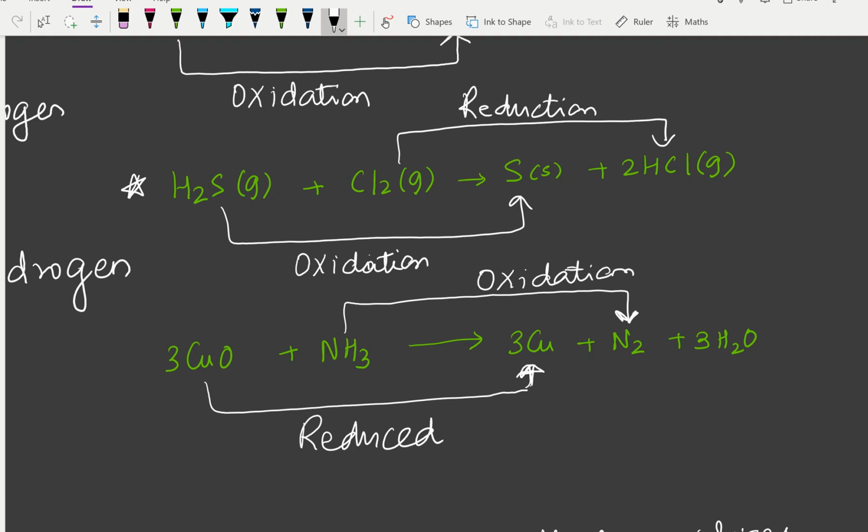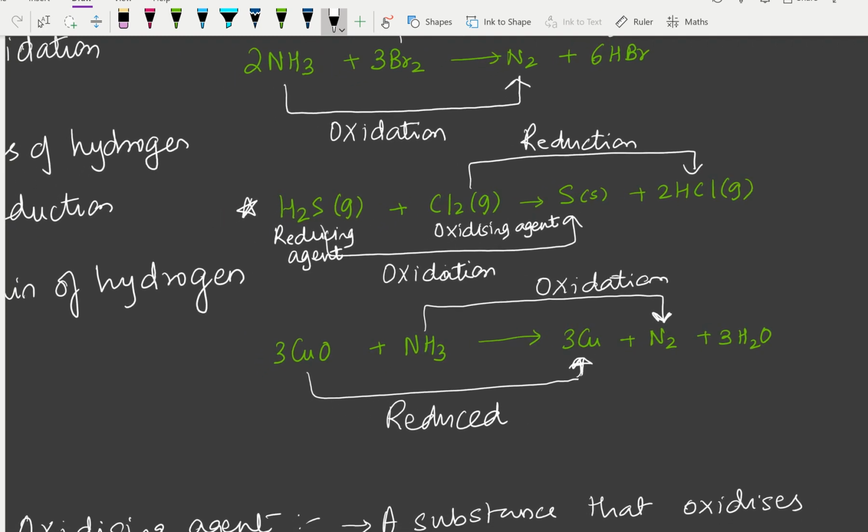It undergoes oxidation, so hydrogen sulfide is definitely going to be my reducing agent, because the one that gets oxidized itself is the reducing agent, and Cl2 is getting reduced, so therefore it is going to be the oxidizing agent. The same is true for the others also. The one that gets reduced is always the oxidizing agent and the one that gets oxidized is the reducing agent. So you can do it for the other sums later on.